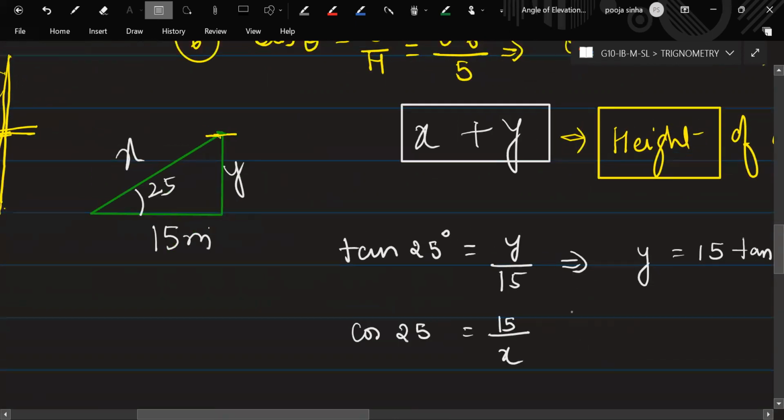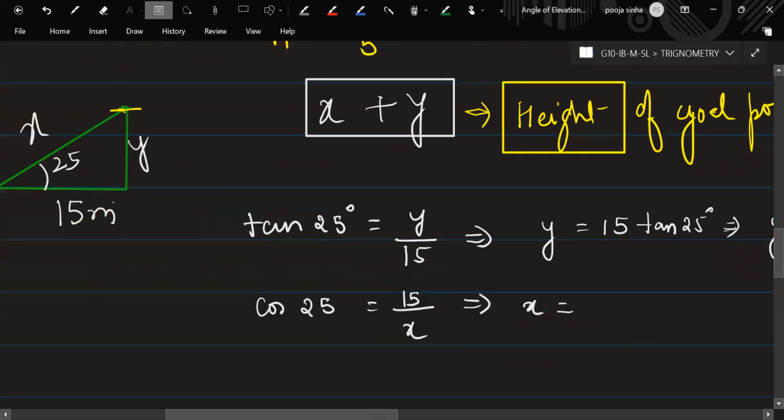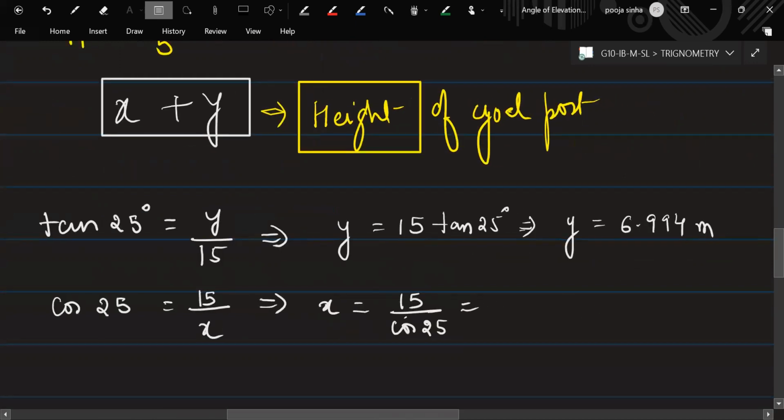So how do we find x? x is 15 upon cos 25, which is equal to 16.550 meters.